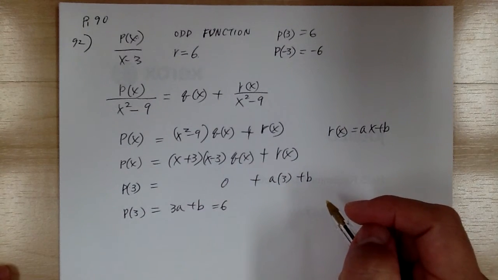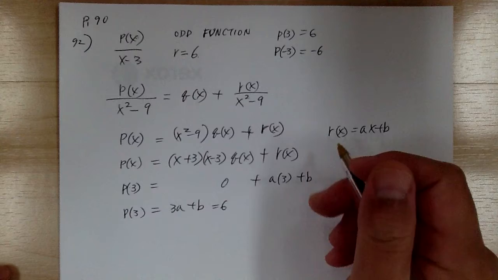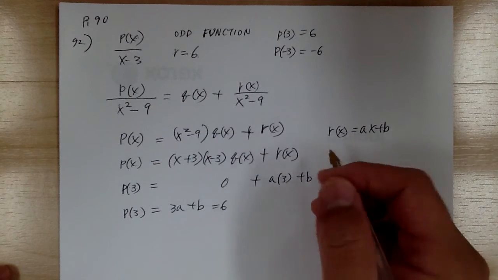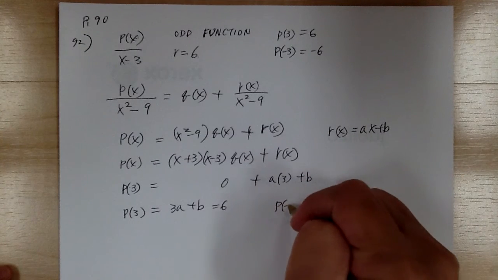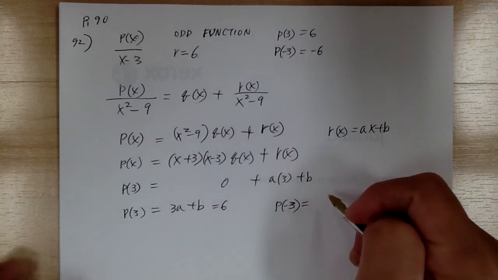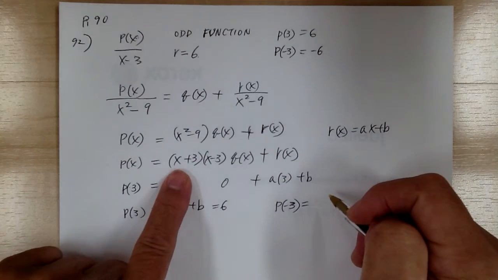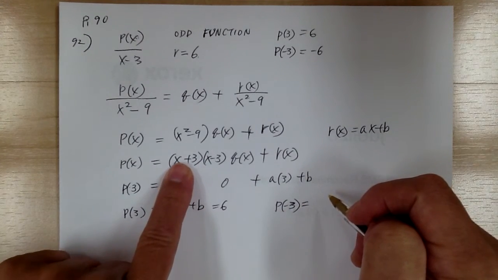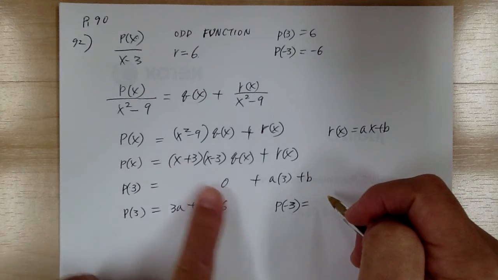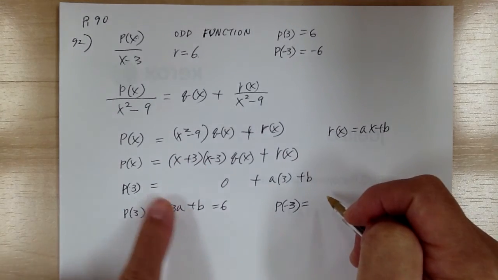Then we do p of negative 3. When you substitute negative 3 in here, this becomes 0. That's the purpose of factoring out, so you can apply the roots here.